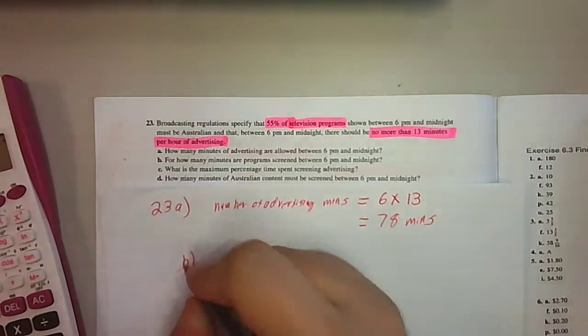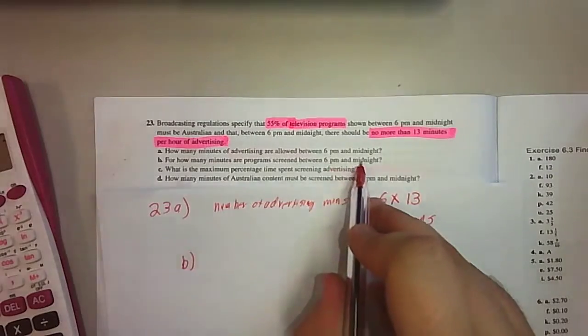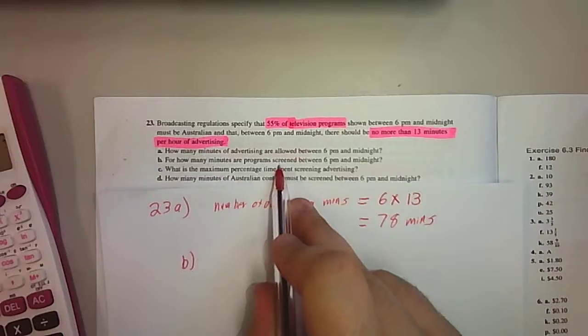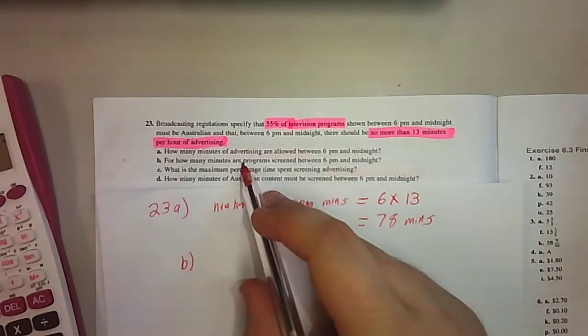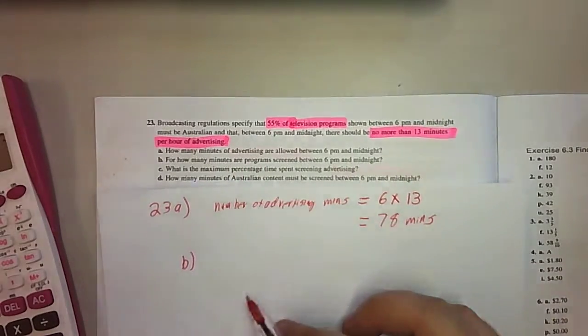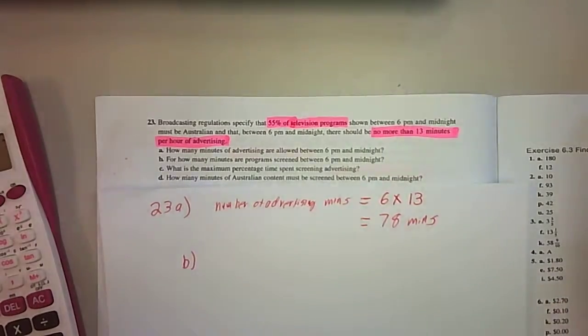Part B says, for how many minutes are programs screened between 6 p.m. and midnight? Well, they didn't say Australian programs, they said just programs. So to work out how many minutes are scheduled, we just have to subtract from the total number of minutes in 6 hours, and we need to subtract 78 because that's adverts.